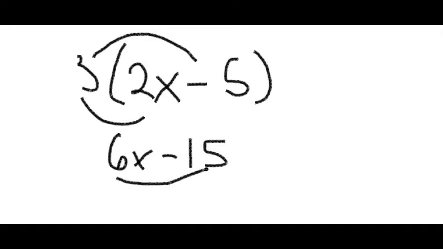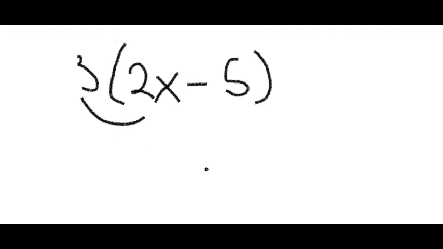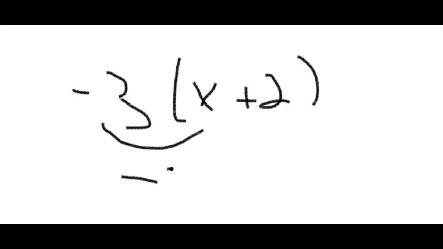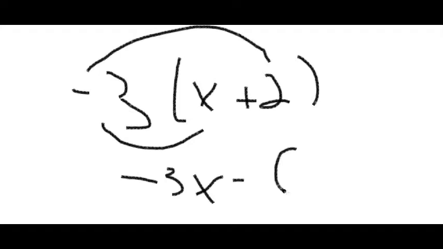Alright? Let's see here. Next we have negative 9, so I'll change that to negative 3 times x plus 2. Alright, negative 3 times x becomes negative 3x, and negative 3 times positive 2 becomes negative 6. Alright, that's how you would go about that.